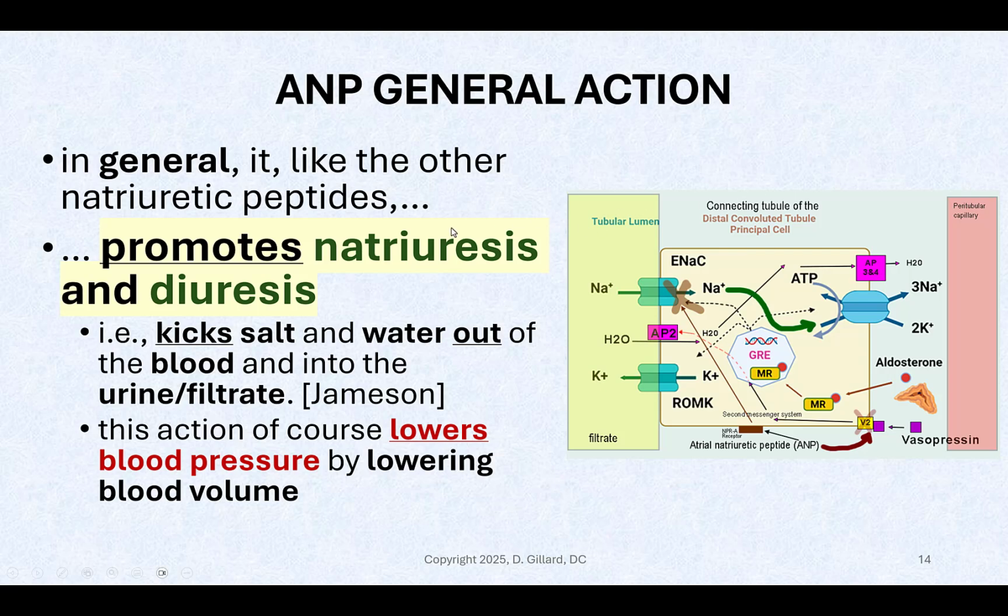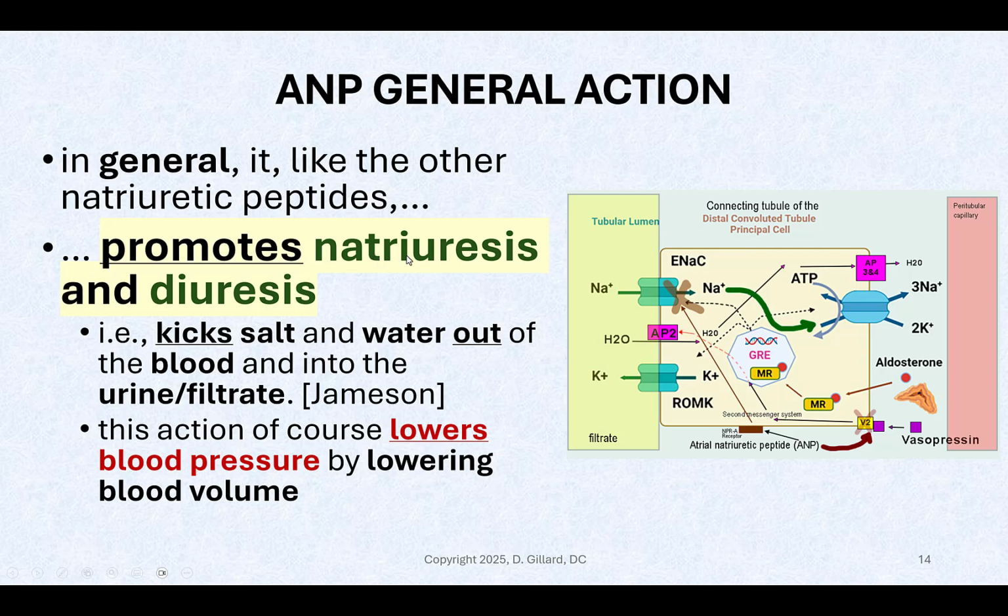But now let's kind of back up and go through it again. To understand this, it promotes natriuresis and diuresis. So natriuresis, nat means sodium, uresis means urine.